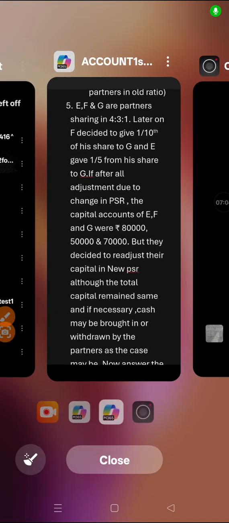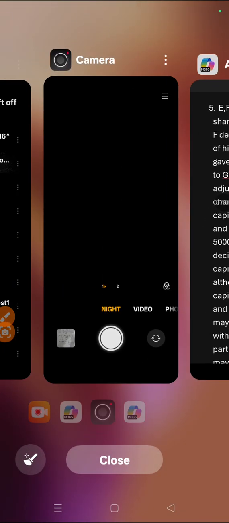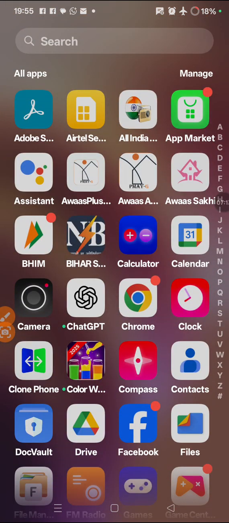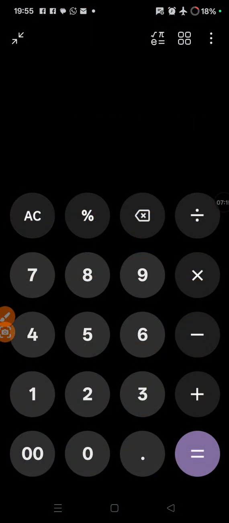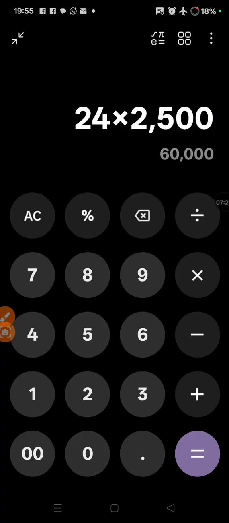So let us do the calculation. Come in the mobile's calculator section. Calculator. We have to find out 24 into 2,500. It is 60,000. So keep in mind L's new capital is 60,000.